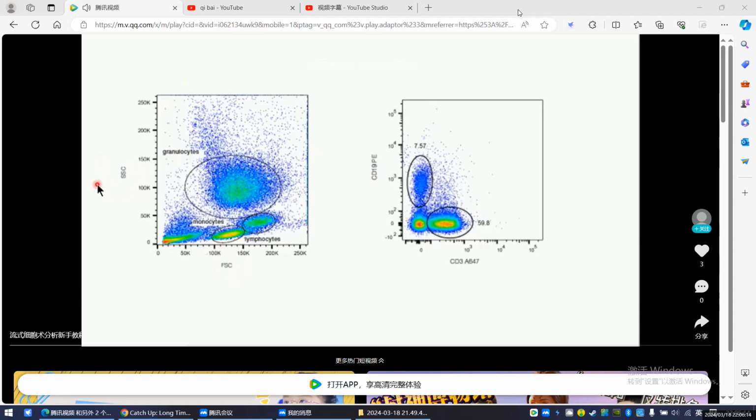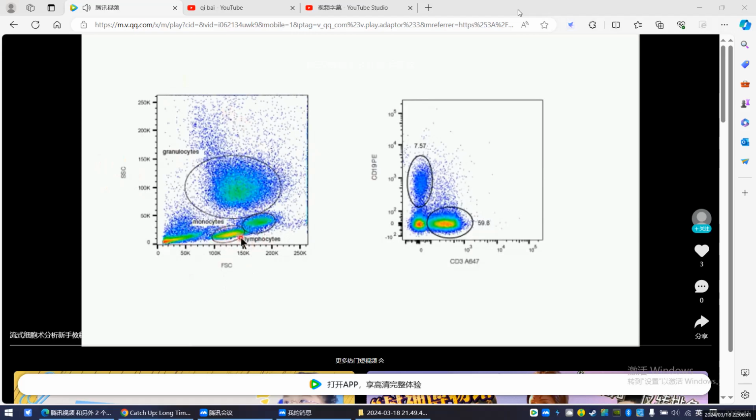granularity of the cell. Based on the values of FSC and SSC, the blood cells of PBMCs give us three distinct populations, which you can see in these circles. The first circle gives us information about lymphocytes. This graph is called a dot plot, and one dot indicates one cell.